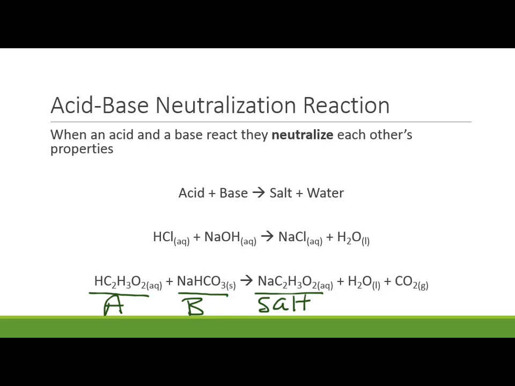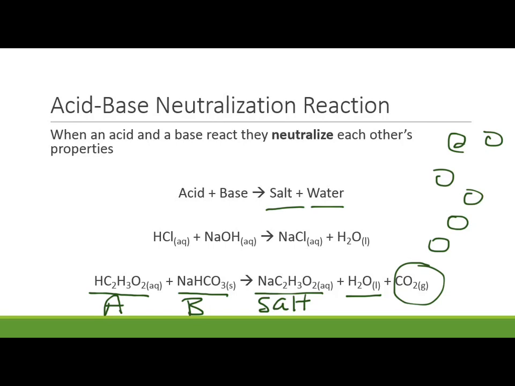And then also notice that we made water, right? So we made salt and water just like before. Now in this reaction we also happen to make some carbon dioxide, which just bubbles away, and that's why your baking soda volcano actually erupts, because of the carbon dioxide bubbles. So in an acid-base neutralization reaction, you may have a gas produced, oftentimes you do, but the main thing to look for would be salt and water.